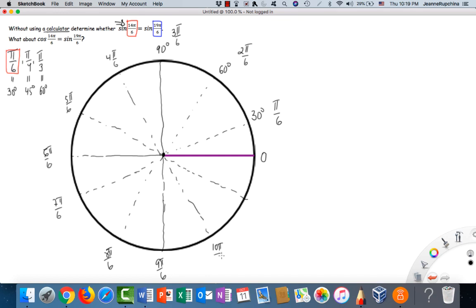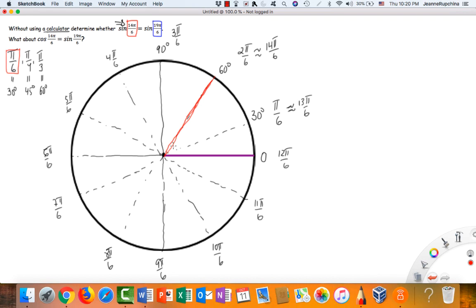10 pi over 6, 11 pi over 6, 12 pi over 6, and now we have 13 pi over 6 here, and this is equivalent to 14 pi over 6. So the red angle that I have is actually over here.